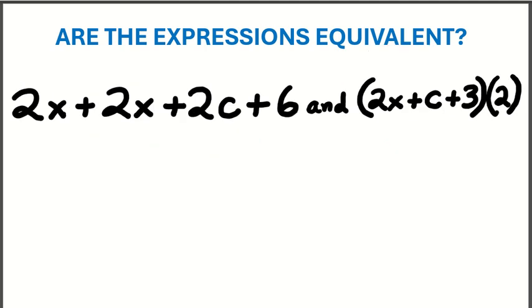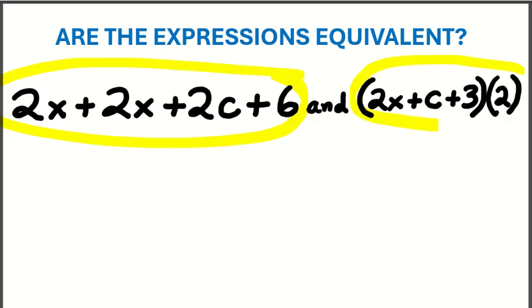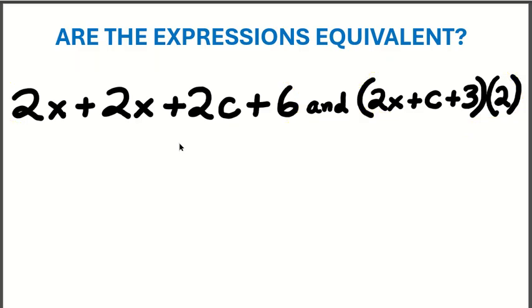We'll see if we can get angry face to be happy face because we're now going to try another set of expressions. We have this big long one right there and this sort of long one right there. Kind of squished because I ran out of room. But let's see if they're in fact equivalent. Okay, so let's see. What if I do a little bit of combining here? If I got 2 x's and I combine it with 2 more x's, how many x's do I have?